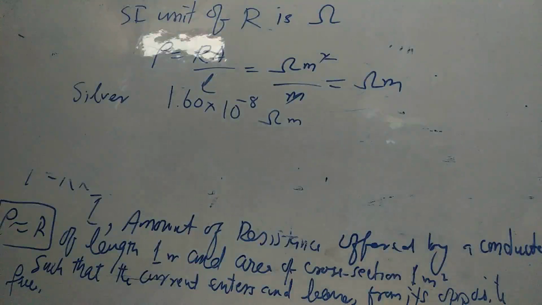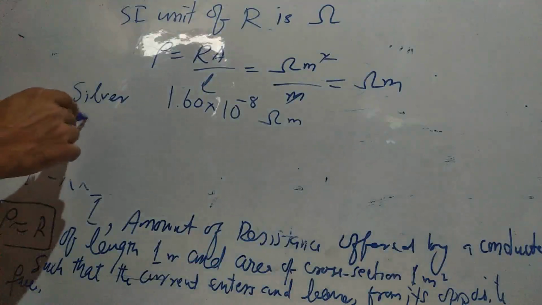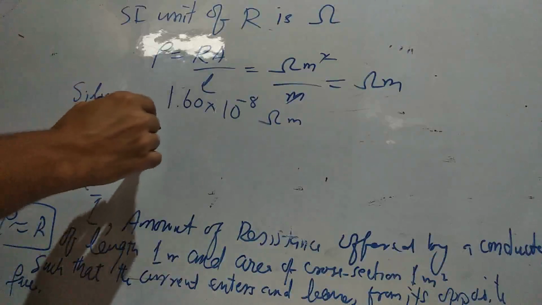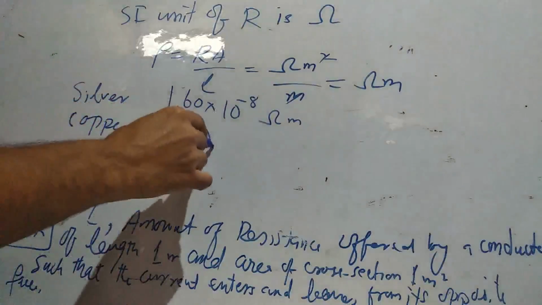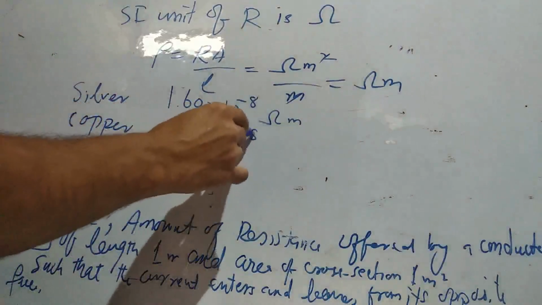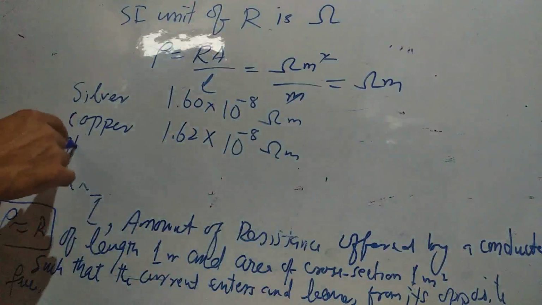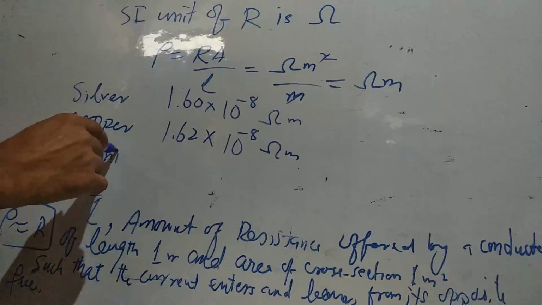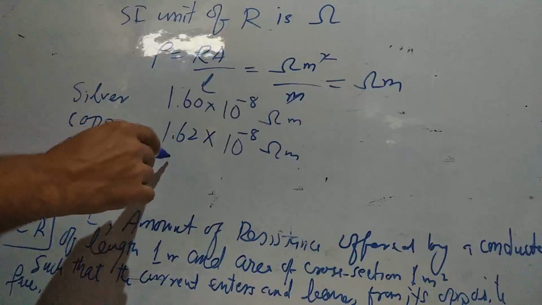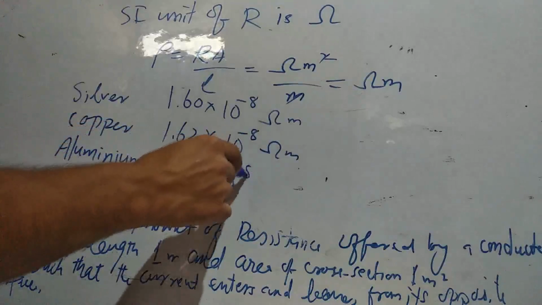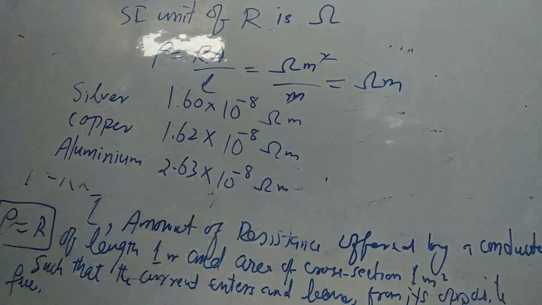The resistivity of copper is about 1.62 into 10⁻⁸ ohm meter, and aluminium is about 2.63 into 10⁻⁸ ohm meter.